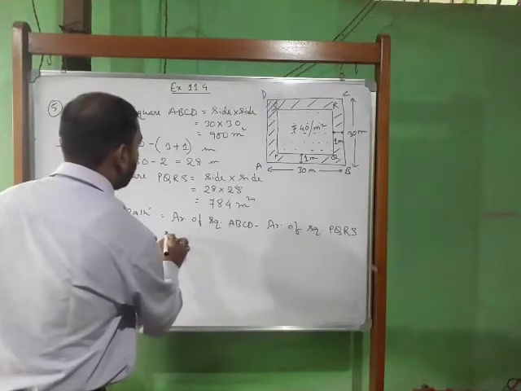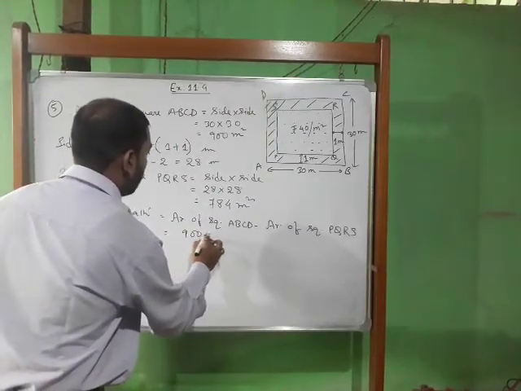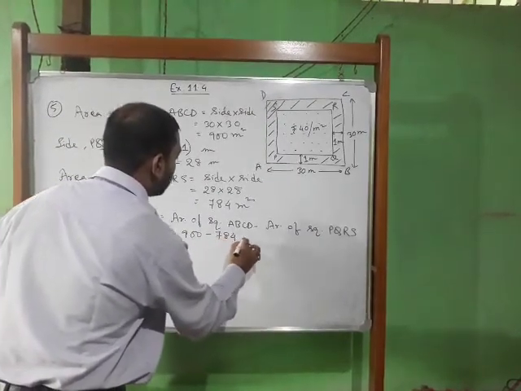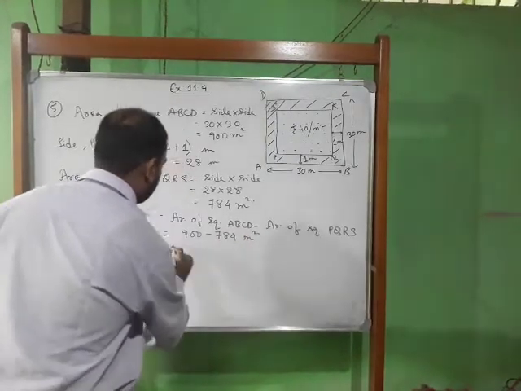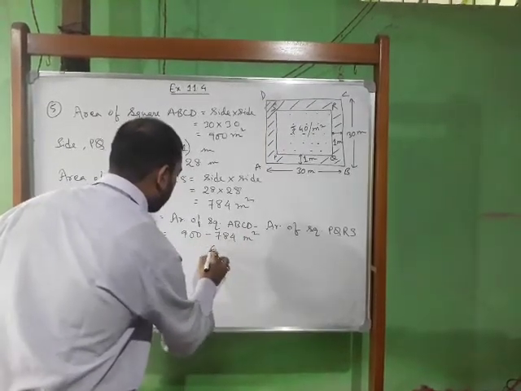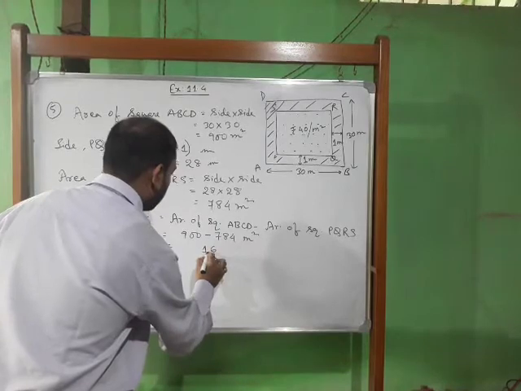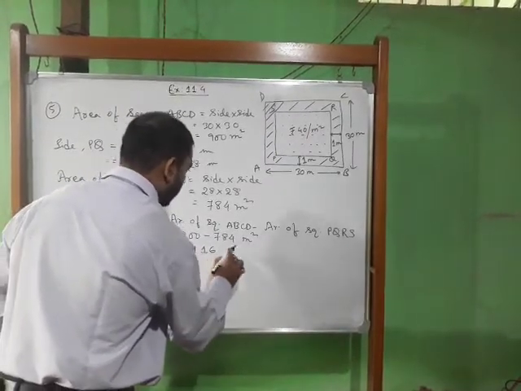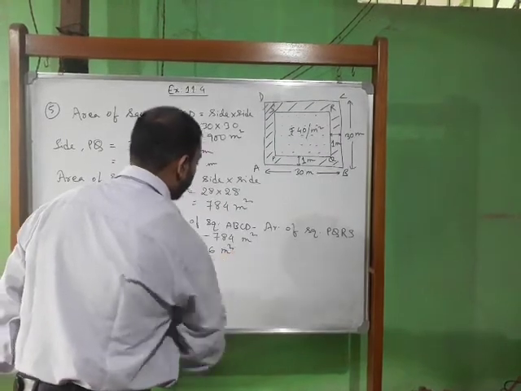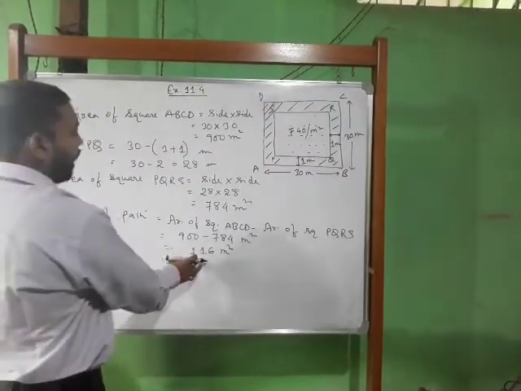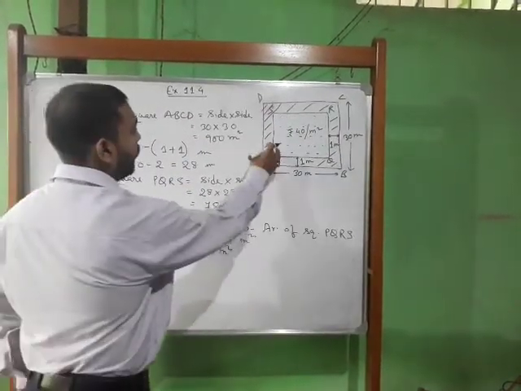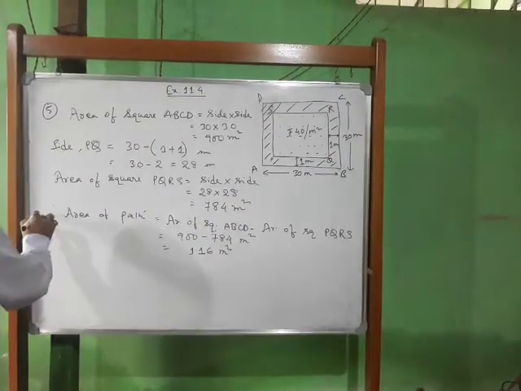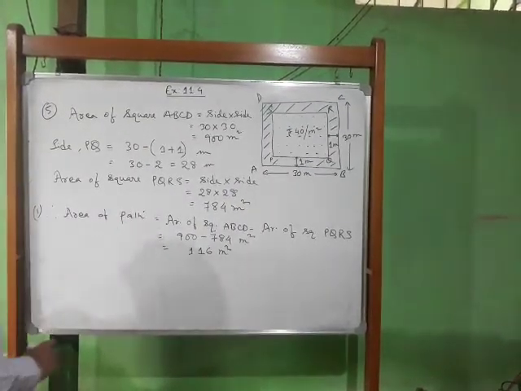So it is 900 minus 784 meter square, so it is 116 meter square. So the area of the path is 116 meter square, as asked in question 1.